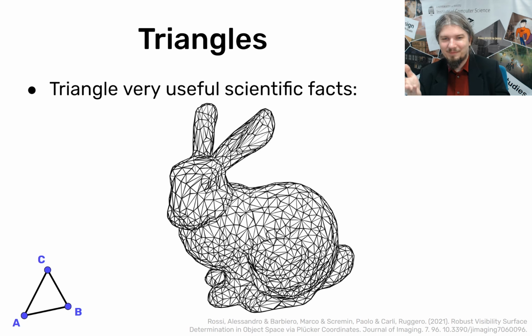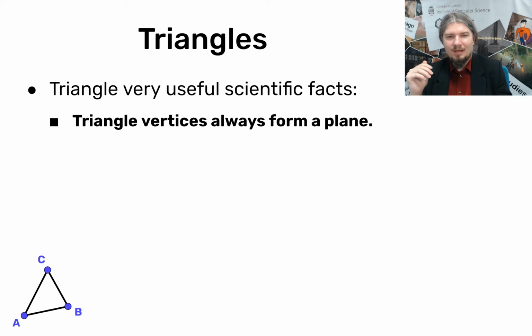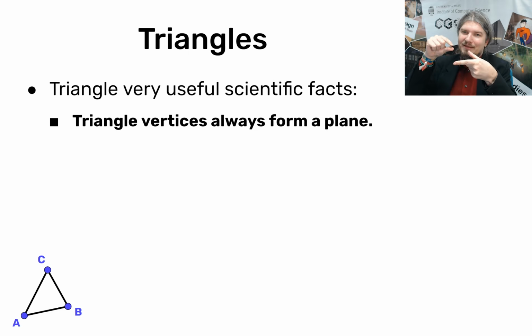So here's a bunny, again made out of triangles for rendering. Triangle vertices always form a plane. And this is why you don't want other polygons. Because as soon as you have 4 vertices, you could define one of these vertices as being outside of the plane defined by the other 3.